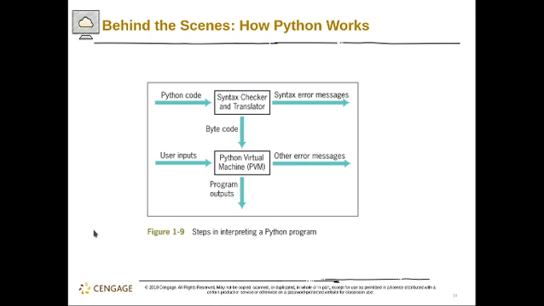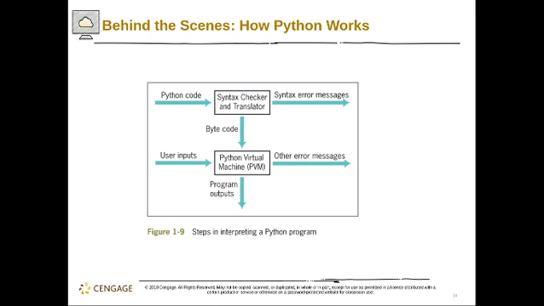Okay, so in how Python works, you have your code, which can be run line by line from the console, or you can write your code in an editor. Usually it's a text editor. Notepad, Notepad++, Atom.io, you can use whatever.